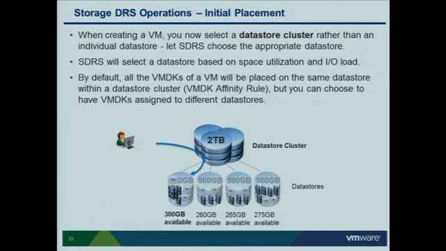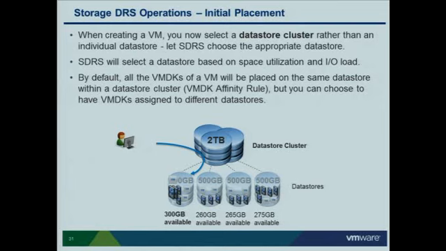We mentioned here about the affinity rules. I mentioned virtual machines being kept together or virtual machines being kept apart. You can also set anti-affinity rules on the VMDKs. So you can actually have a virtual machine with multiple VMDKs, and if you set up an anti-affinity VMDK rule, those VMDKs will be placed on separate data stores.